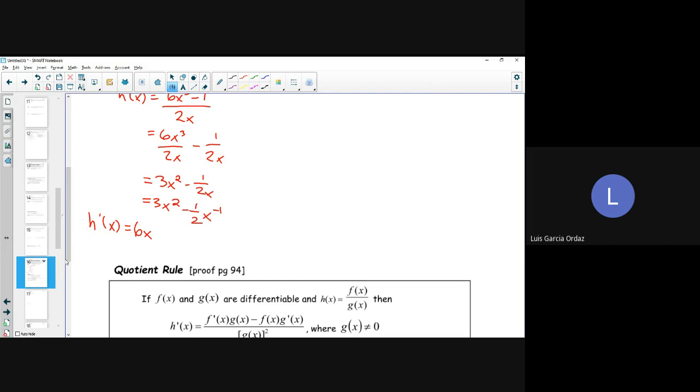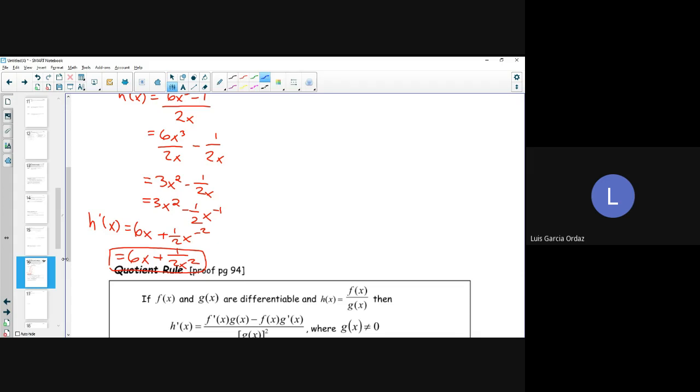Anyone want to give me the derivative of negative 1 half x to the negative 1? Yeah, I got positive 1 half x to the negative 2. Or if we simplify it, we get 6x plus 1 over 2x squared. Okay, so this would be h prime of x.